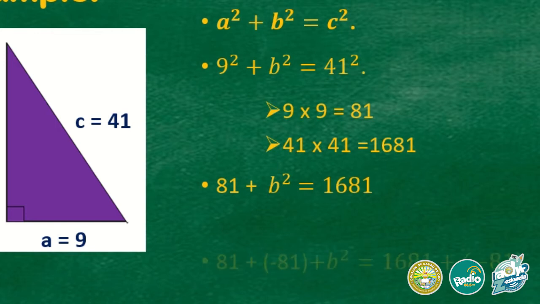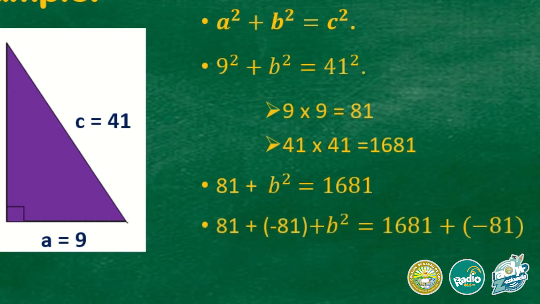We will have 81 plus 81 plus b squared equals 1,681 plus negative 81.